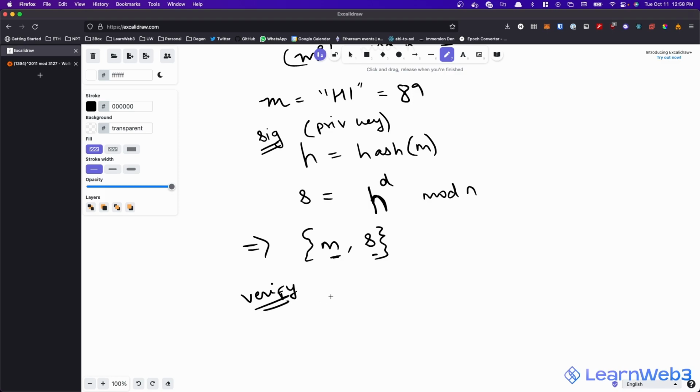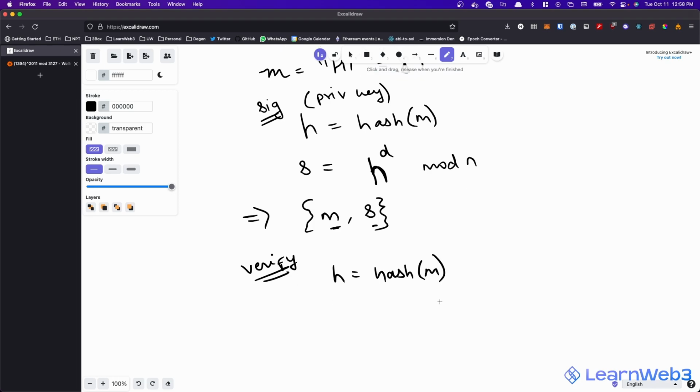take this original message and recalculate the hash for it. So they can recalculate the hash of M, and then they can decrypt the signature. Let's call it H dash. They can decrypt the signature using S to the power E mod N. Again, think about what just happened here.